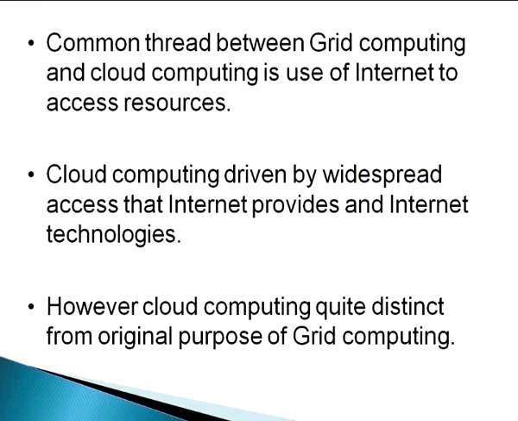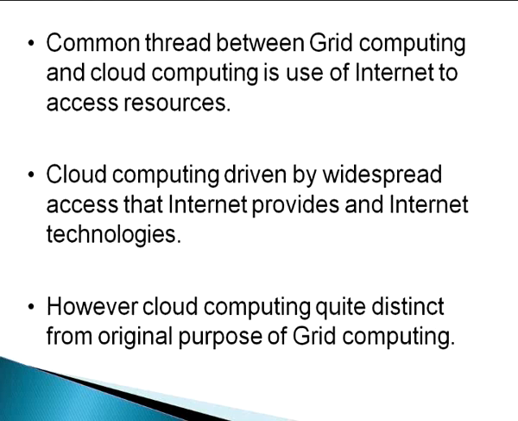One thing is that the common thread between grid computing and cloud computing is the use of the internet to access resources. That is very important to understand: cloud computing is driven by the widespread access that the internet and internet technologies provide.